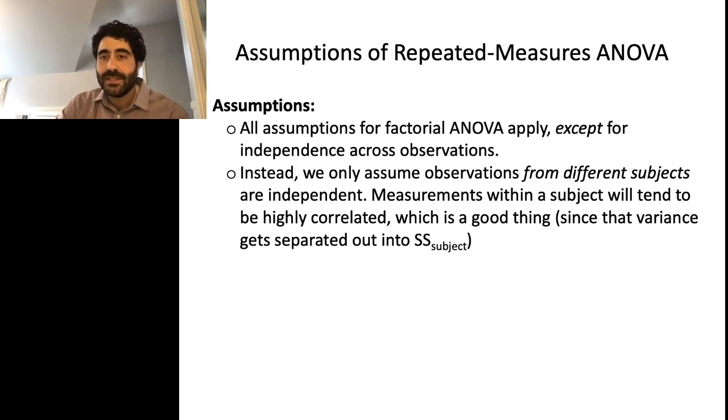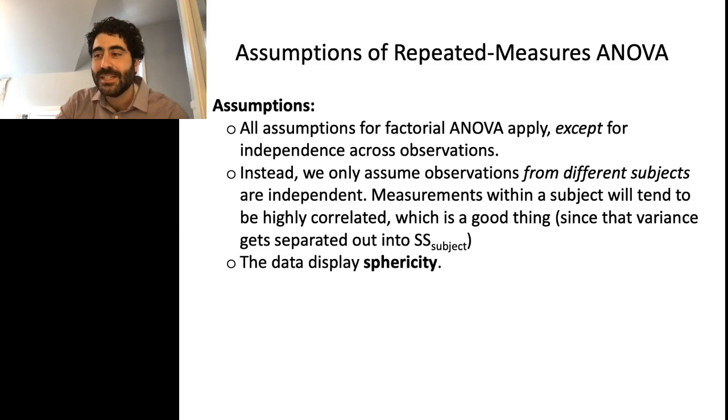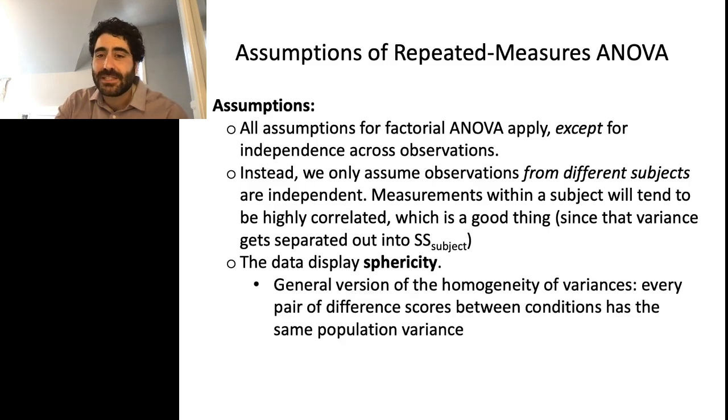There's another assumption here, which is sometimes a bit of a problem, which has this fancy name of sphericity, which is basically just a sort of homogeneity of variance thing, but instead of being on the raw data, it's on these difference scores between the levels, right?